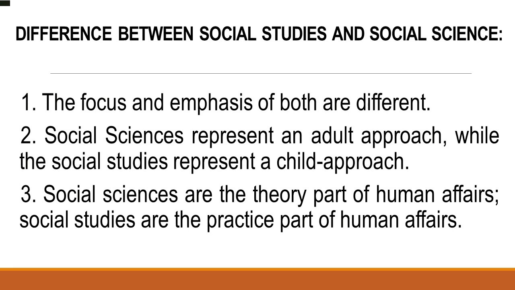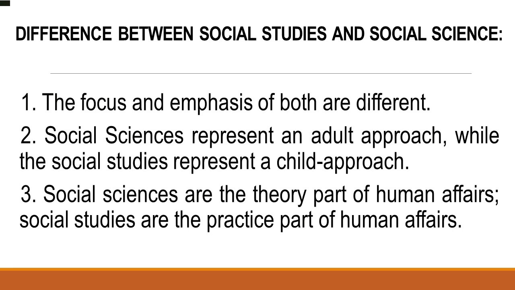Second, social sciences represent an adult approach, while social studies represent a child approach. How did it happen? Social sciences are to be taught at the high school and college level, while social studies are a simplified portion of social sciences to be taught at primary level.